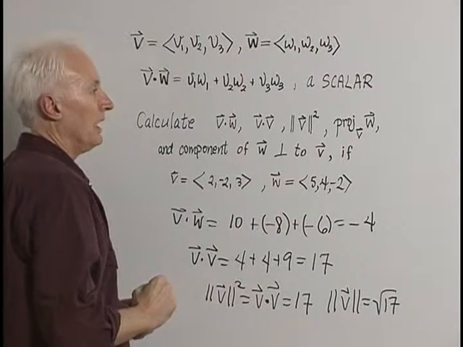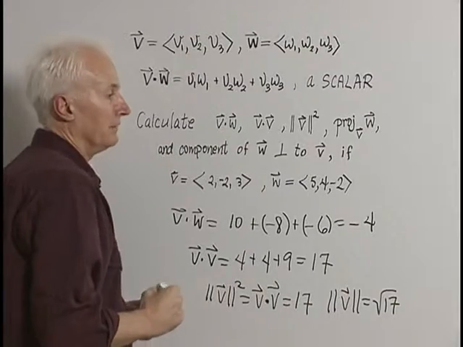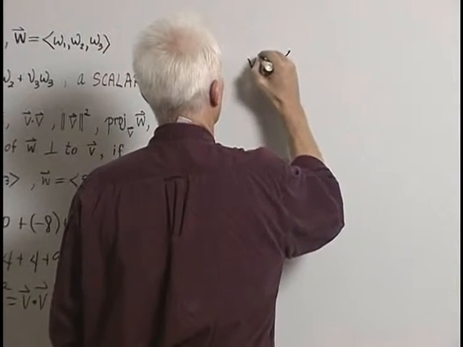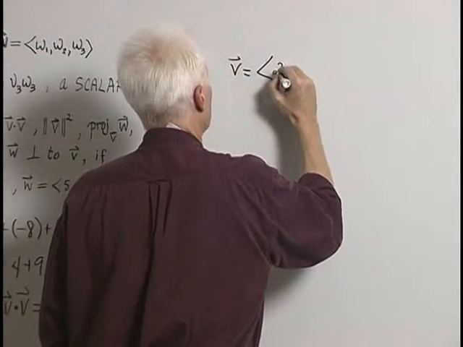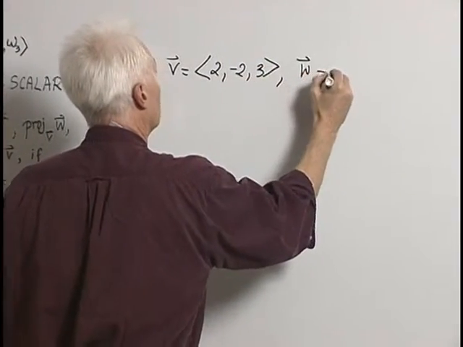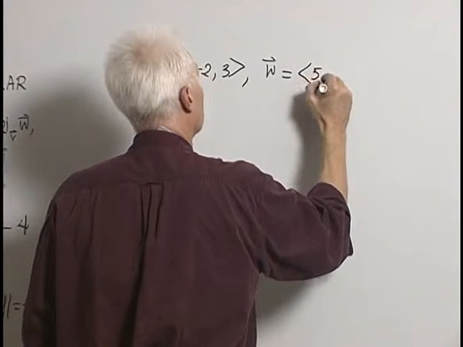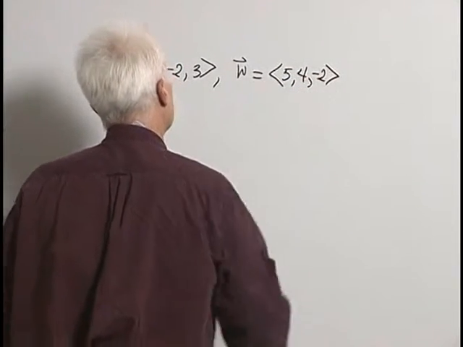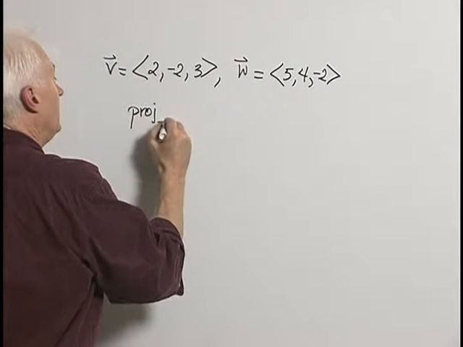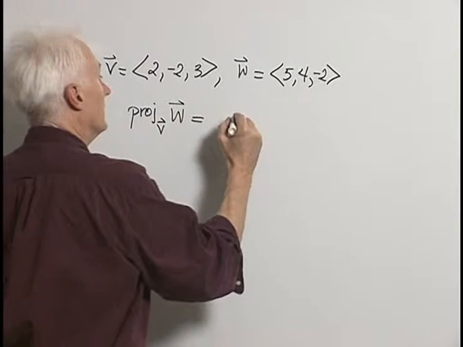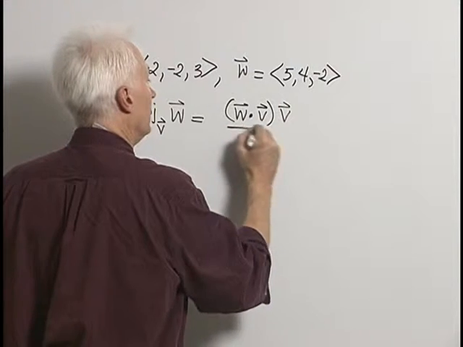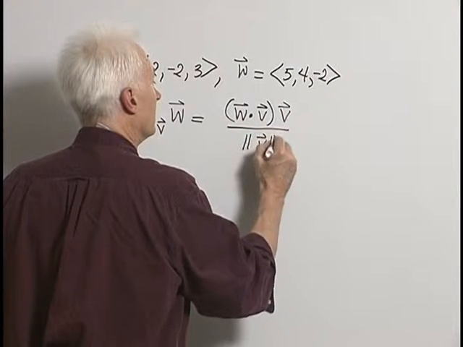All right, now let's do the next computation. We want to compute the projection of w onto v. So let's come over to a new board here and remind ourselves what v is. v is 2, negative 2, 3, and w is 5, 4, negative 2. And so the projection on v of vector w, remember, is w dot v multiplied by v and divided by length v quantity squared.